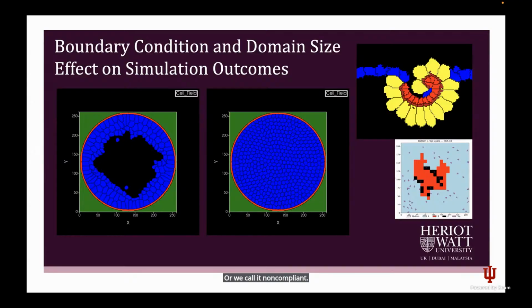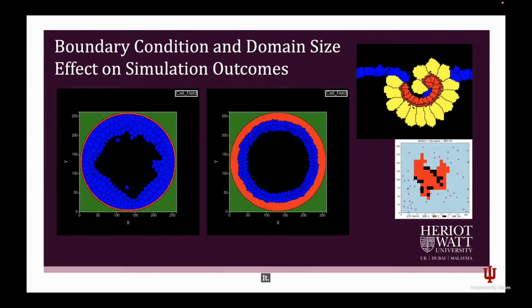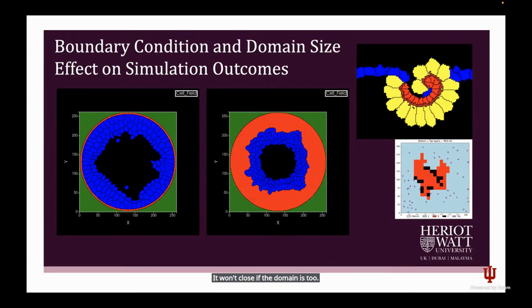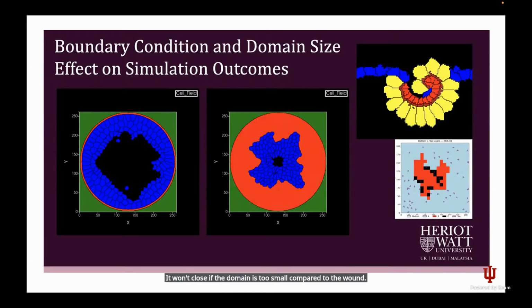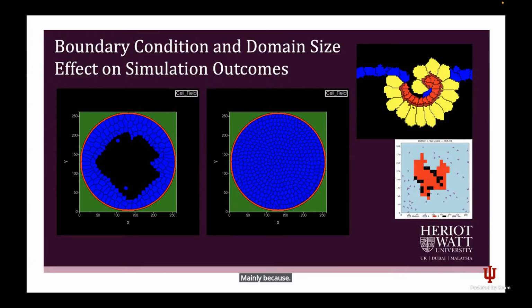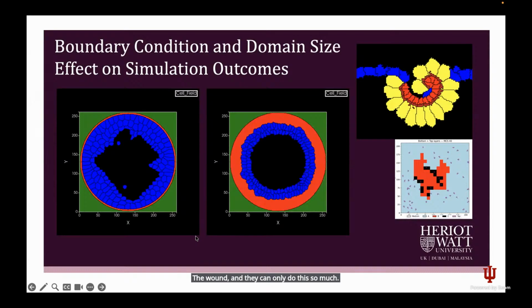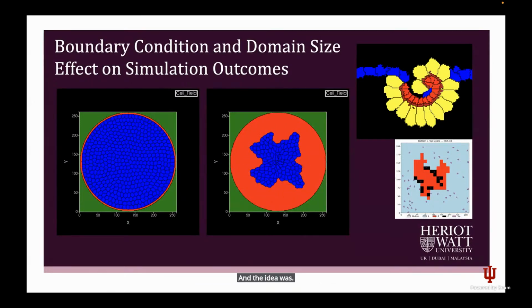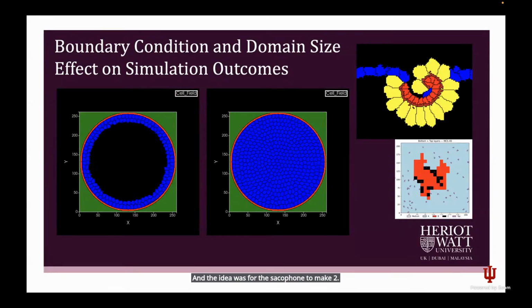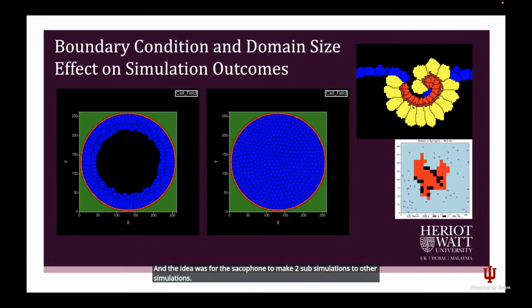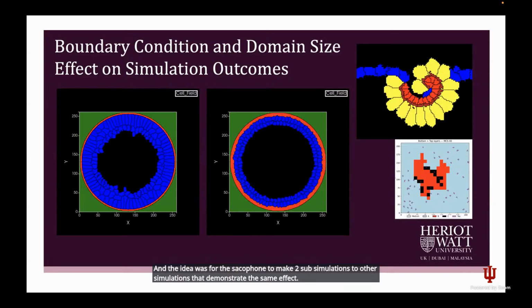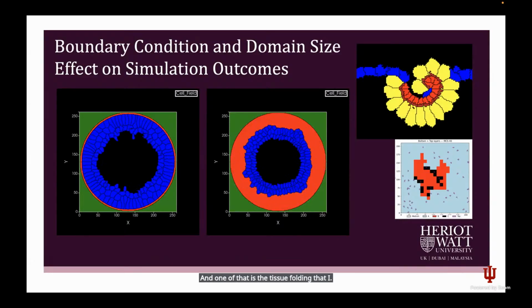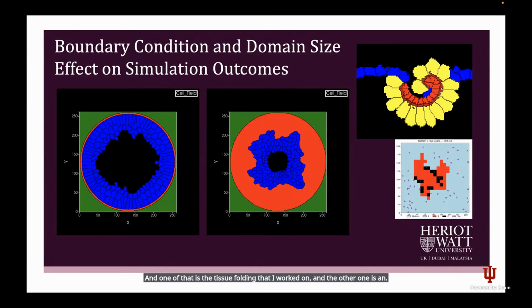There, it won't close if the domain is too small compared to the wound, mainly because the cells need to stretch to close the wound, and they can only do this so much. So that's what we investigate in our main project. And the idea was for the hackathon to make two other simulations that demonstrate the same effect. One of those is the tissue folding that I worked on, and the other one is an immune simulation.